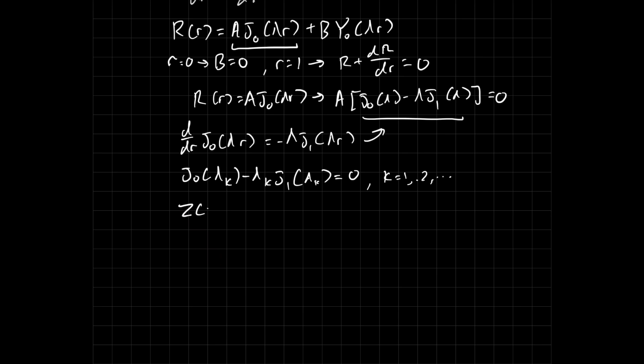And you could just simply plug this and get c sinh lambda k z plus d cosh lambda k z. So here's the other solution.